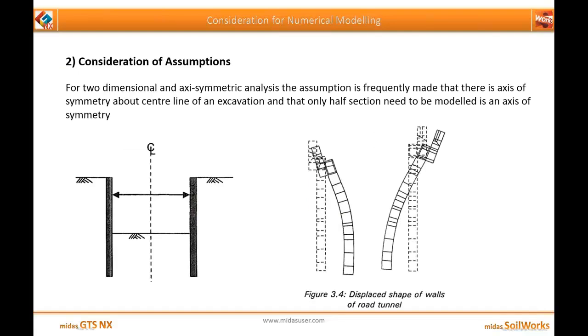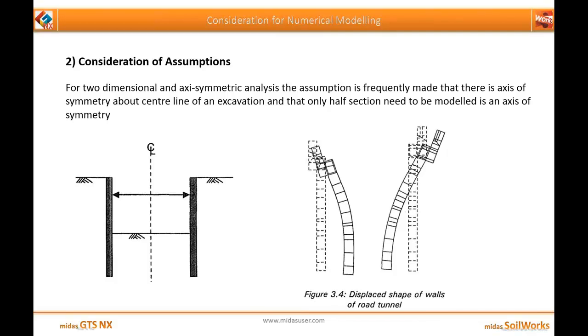Next is consideration of assumption. For two-dimensional and axisymmetric analysis, the assumption is frequently made that there is an axis of symmetry about the center line of an excavation and that only half the section needs to be modeled. But as you can see, if your assumption is wrong, the displacement in the two walls could be very different.